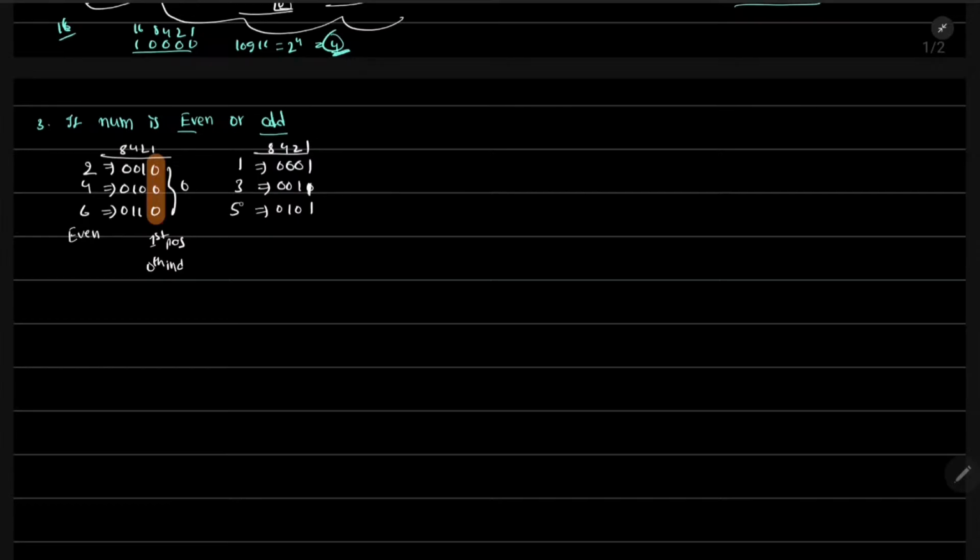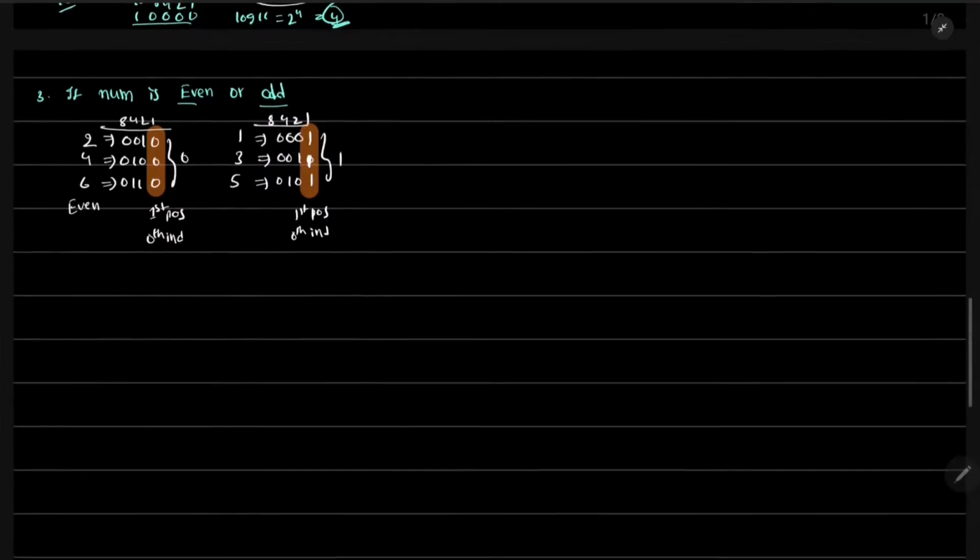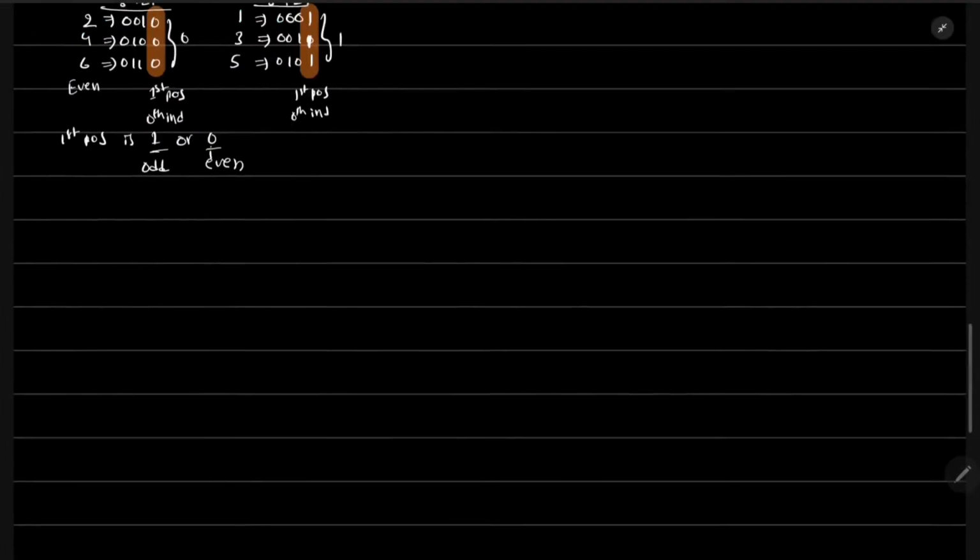And for odd numbers it is 1 for the first position or 0th index. So I just have to find whether the first position is 1 or 0. If it is 1, I would say it is odd. If it is 0, I would say it is even. That's it, guys.